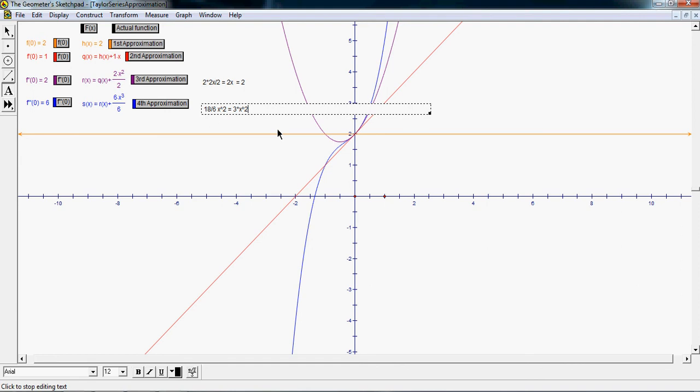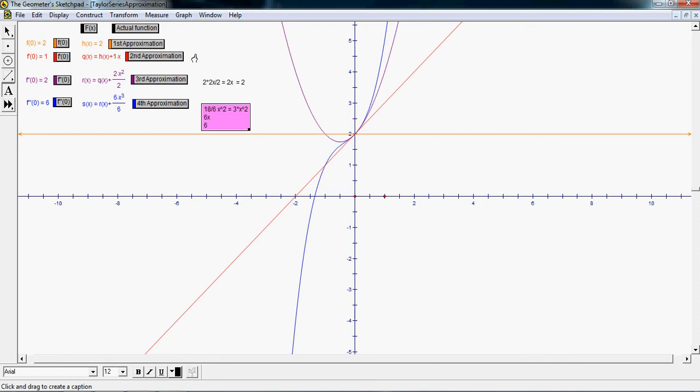And then the derivative of that is going to be 3 times 2, so 6x. And then the third derivative, the derivative of that, is going to be 6, which matches what we wanted the third derivative of the function to be. And so here's our fourth approximation, and it looks like this.